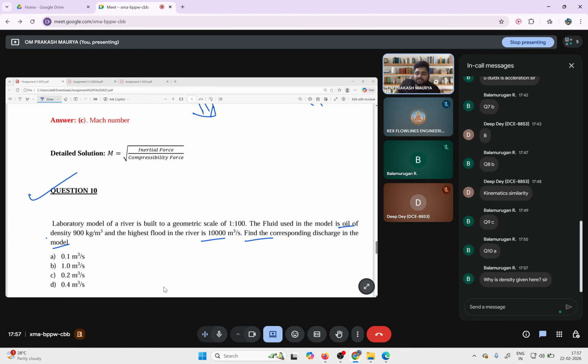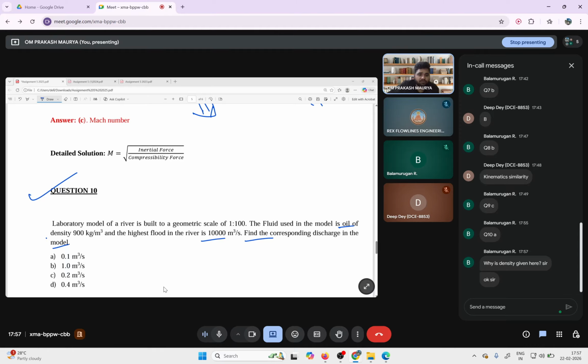Density is given for the creation of confusion, because your mind may go to whether we'll use the Froude number similarity or the Reynolds number, since in the Reynolds number we consider the density. So now I'll just solve this question very easily.